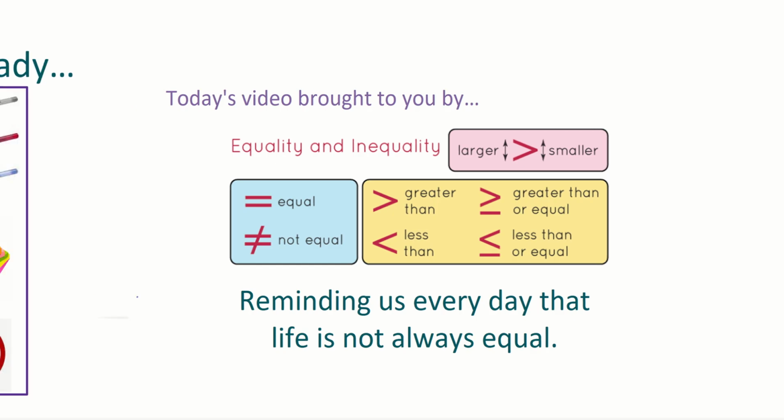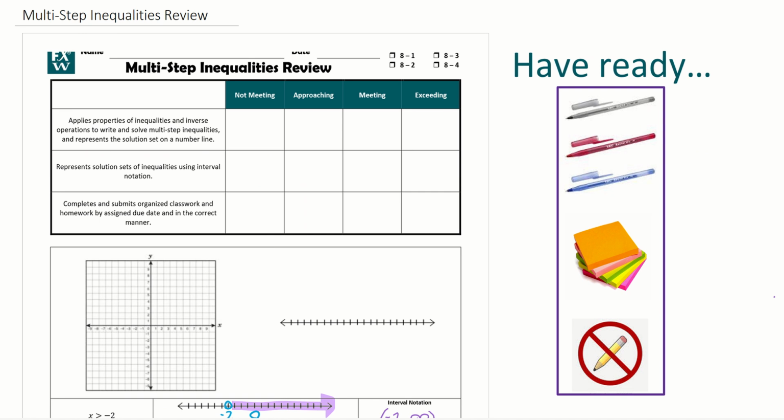First and foremost, everyone, if you haven't had the chance already, on Canvas, you'll notice right to the left of this video is the link that I want you to click so you can check your solutions to the multi-step inequalities review. Please have ready a pen or a different color than the one you did the original work in, or Post-it notes, so you can begin your corrections. No pencils allowed.